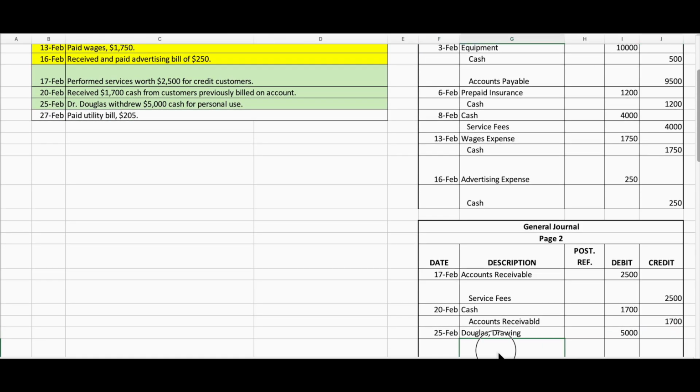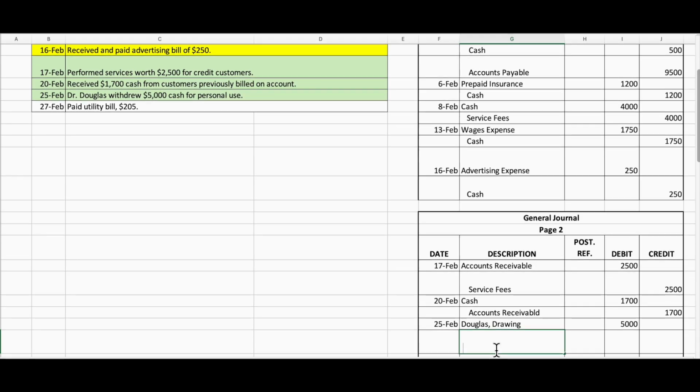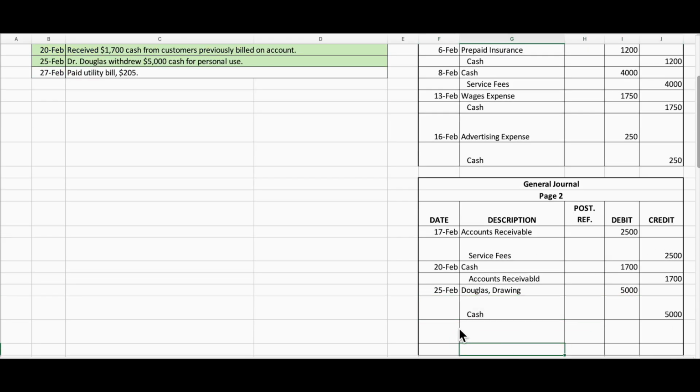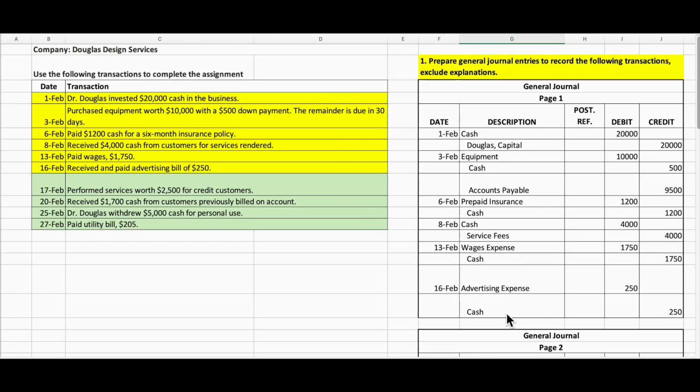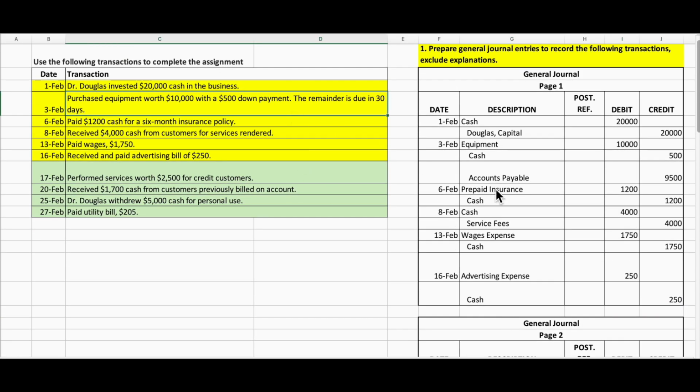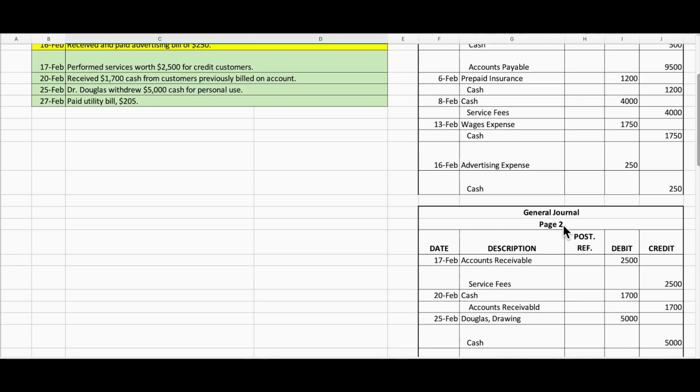So that's a drawing, Douglas drawing, and cash paid for it. Last entry, on February 27th, we paid a utility bill in the amount of $205. That's a utility expense for $205, and we use cash to pay for it. Okay, so we completed the entries from the information we're given here on the transactions.